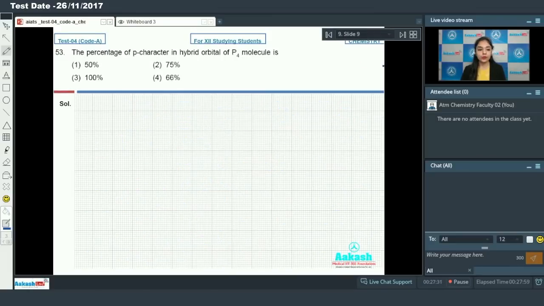So moving on to the next one, students, we have question number 53, which says that the percentage of p character in the hybrid orbital of P4 molecule is. The P4 molecule is a highly strained molecule. So the structure of P4 molecule is like this.